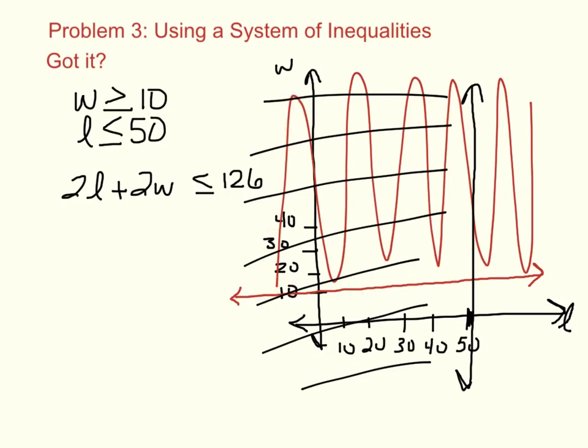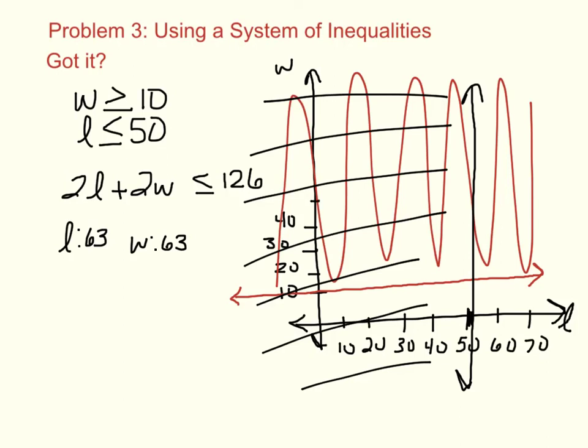Now to graph the next one, I'm going to solve it for W. You know what? No, I'm not. I'm going to use intercepts. So my L-intercept and my W-intercept, if I cover that up, 2L equals 126. That means this is going to be 63, and the width will also be 63.